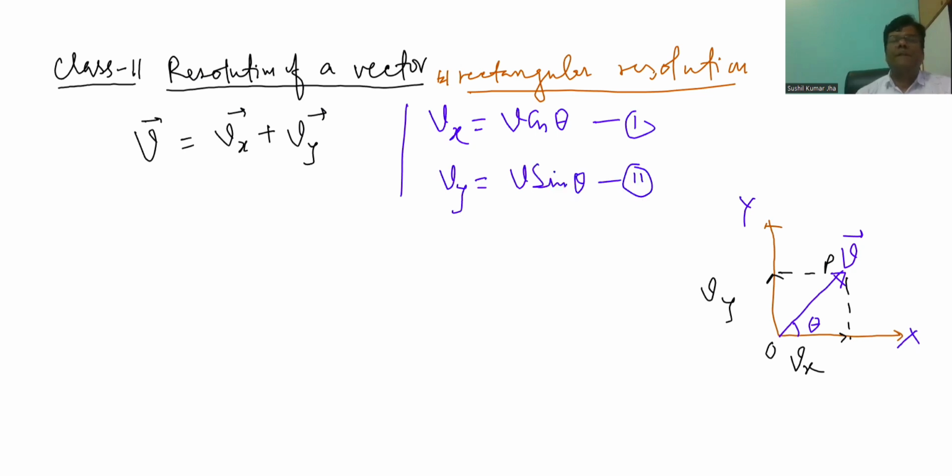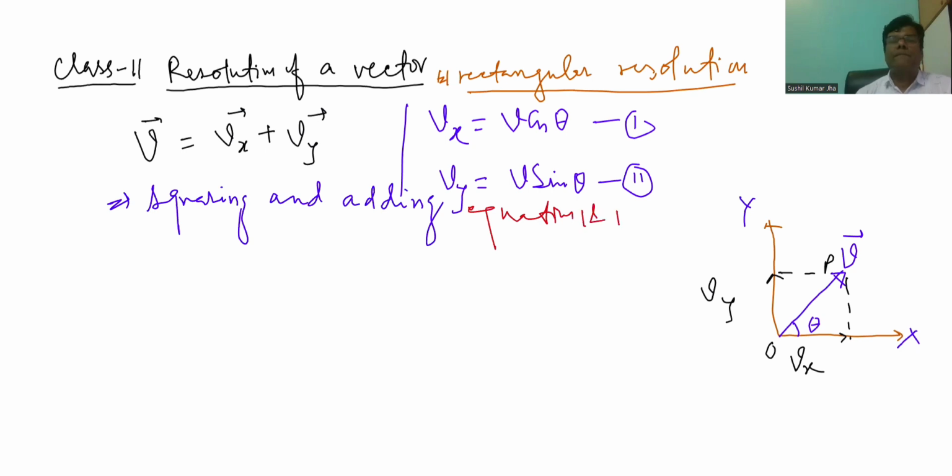which means if we square and add, squaring and adding equation 1 and 2, it will be Vx square plus Vy square is equal to V square sin square theta plus V square cos square theta, which means V square is common.